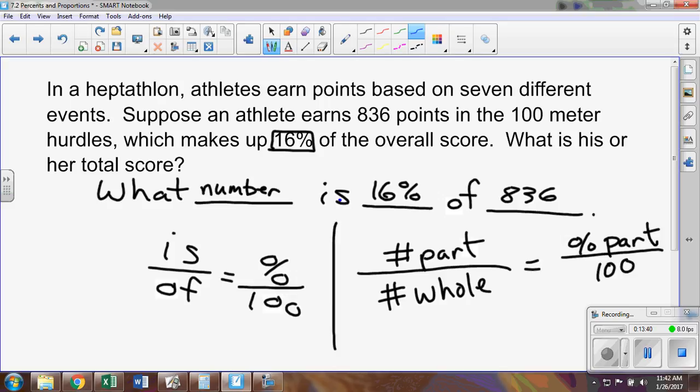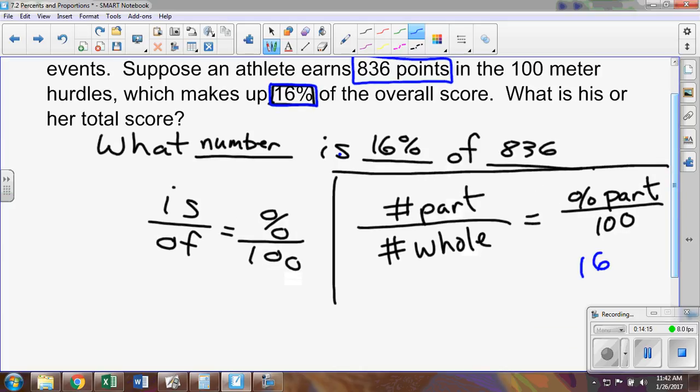This piece over here on the right is actually the percent proportion. You should know how to use this, and it is, I think, easier for word problems, because when you look at it, we clearly have two different things. We have 16% and we have 836 points. Instead of trying to figure out what number is, and trying to translate it to English, I think it's easier to simply say know the proportion and then put them where they belong. 16%, of course, is going to be our 16% section. 836 then.